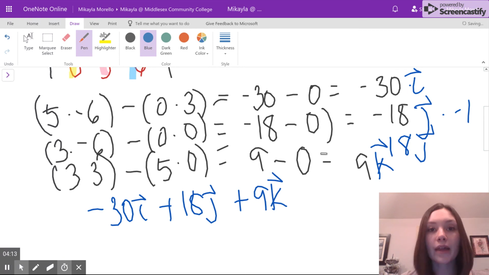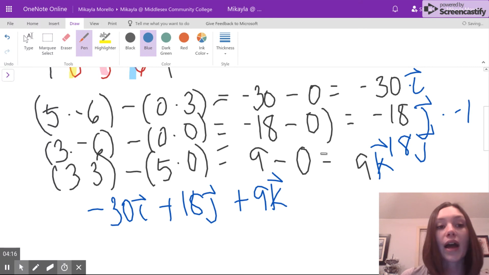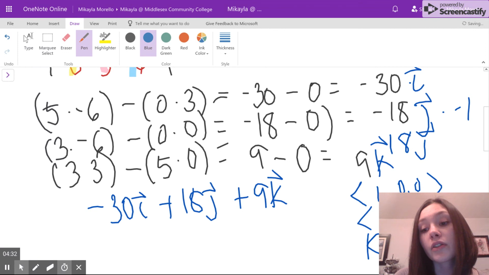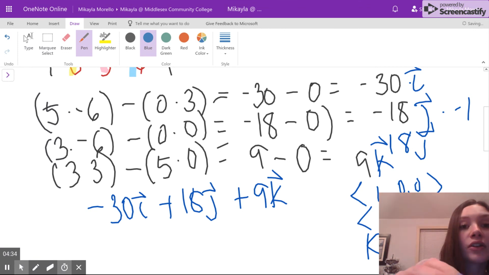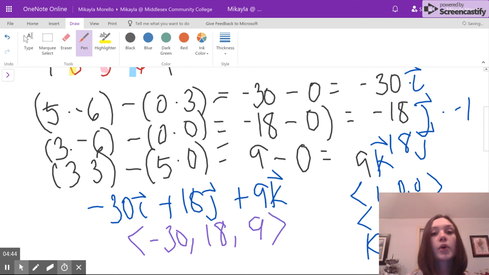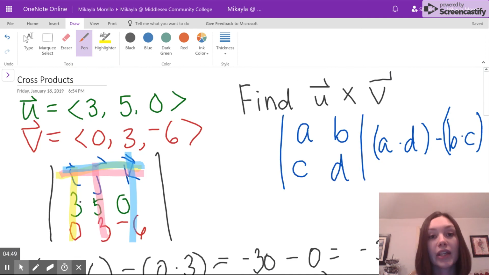And when we multiply that out by their respective vectors, with i being 1, 0, 0, j being 0, 1, 0, and k being 0, 0, 1. Sorry, that was a mess there. We end up with the final vector of -30, 18, 9 as our cross product for the vectors u and v listed above.